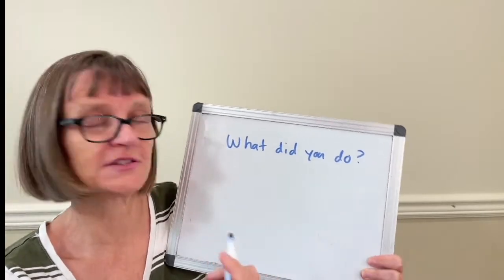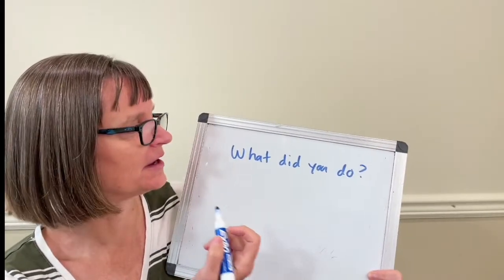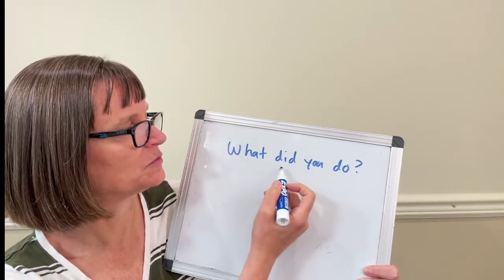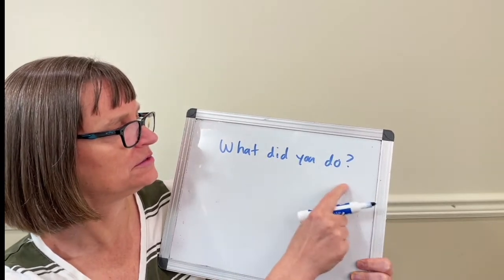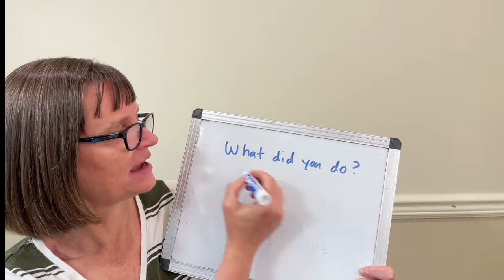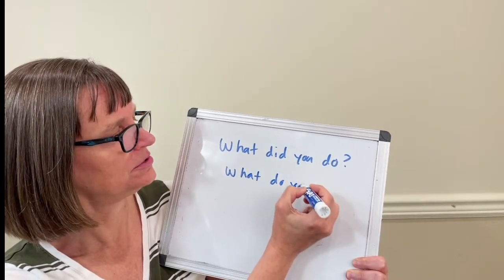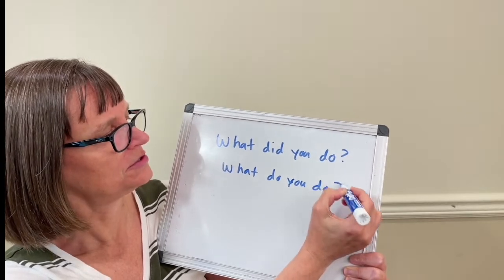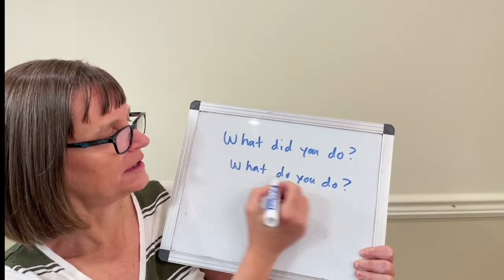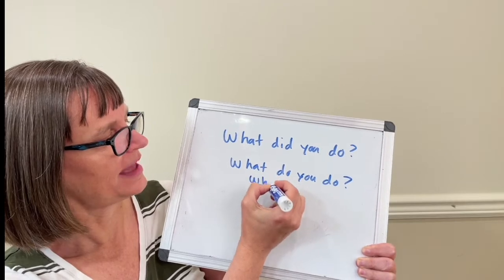So basically, let's talk about the reductions that happen here. What we don't want is what do you do, because that would sound like, that's what we do for what do you do. So what do you do becomes what do you. So that reduction does happen.